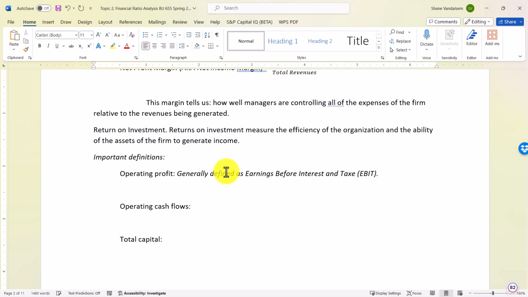Operating cash flows. Operating cash flows are generally defined as what's called EBITDA, or earnings before interest, taxes, depreciation, and amortization. I apologize, there's a mistake up here. There we go.